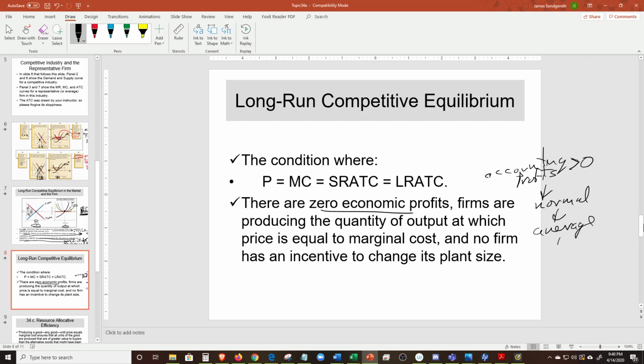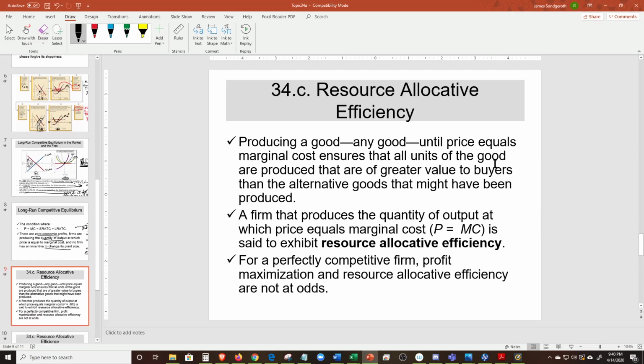I'm not sure what the average is now, but I'll give you an estimate, 12% return on the value of capital being used, okay? And the efficient plant size is being used, and output allocative efficiency has been reached.